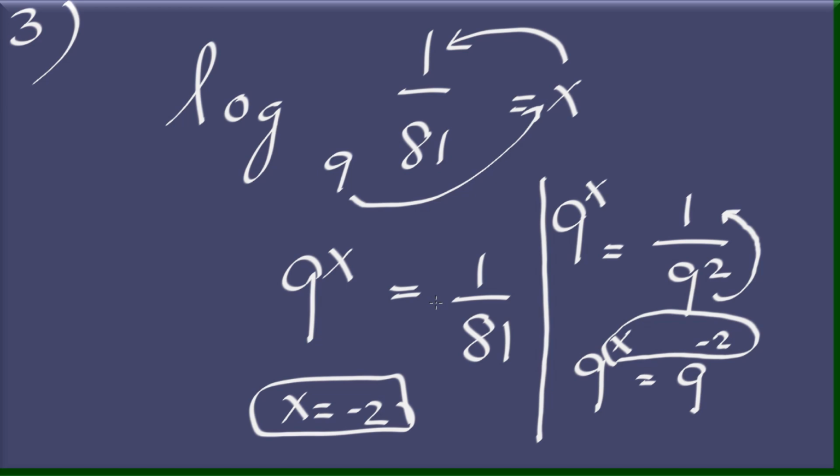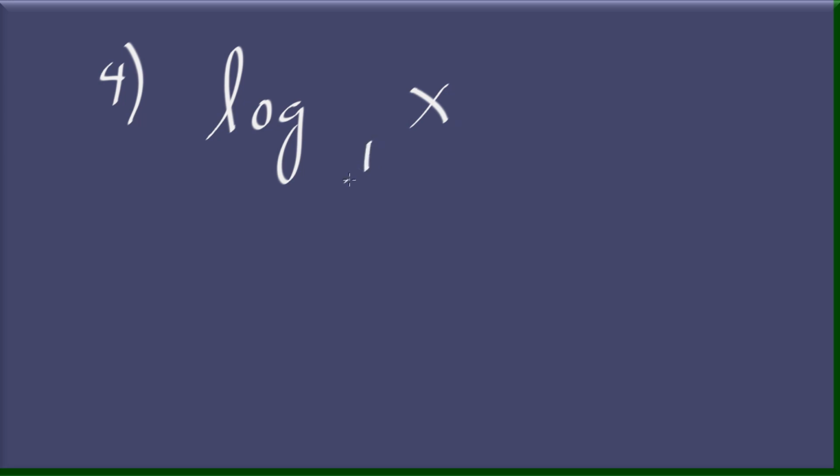Okay, so let's look at the last example. Let's say we have this equation: logarithm of x to base 1 over 9 equals negative 2.